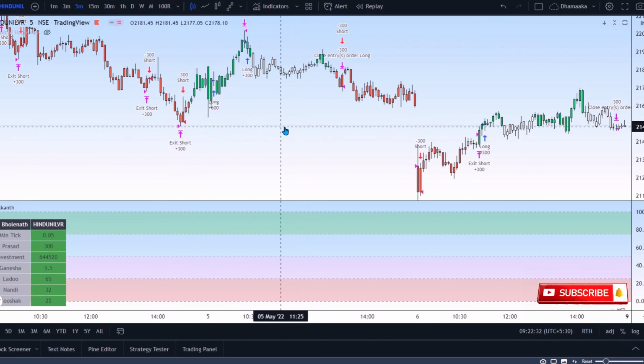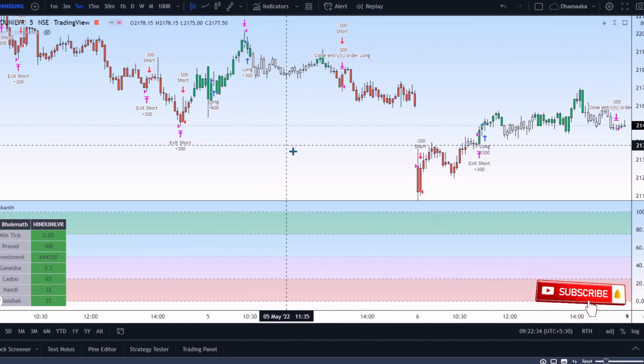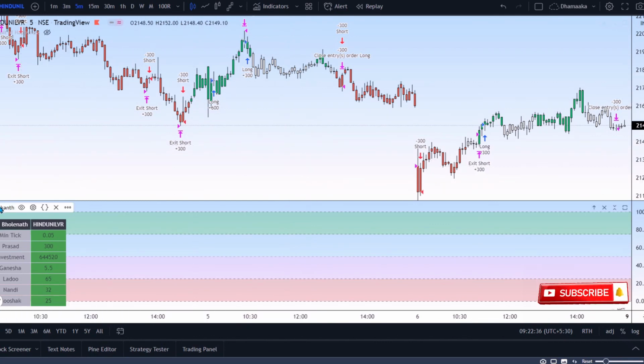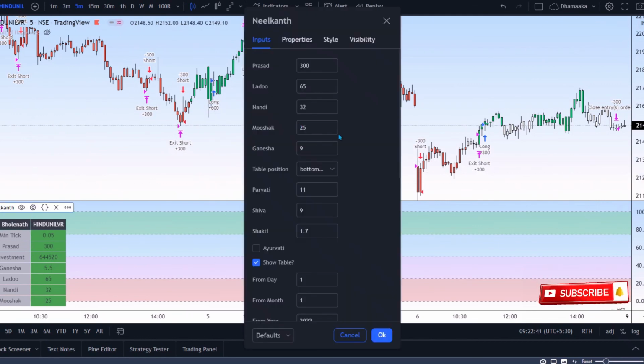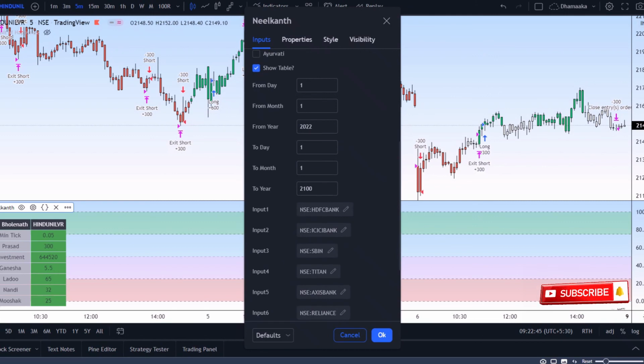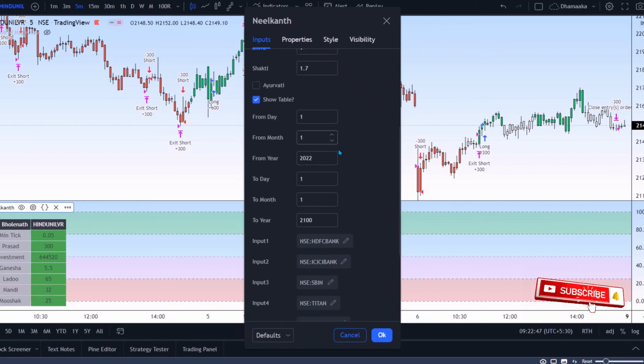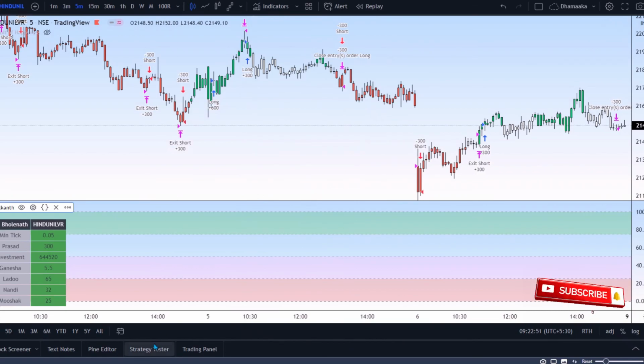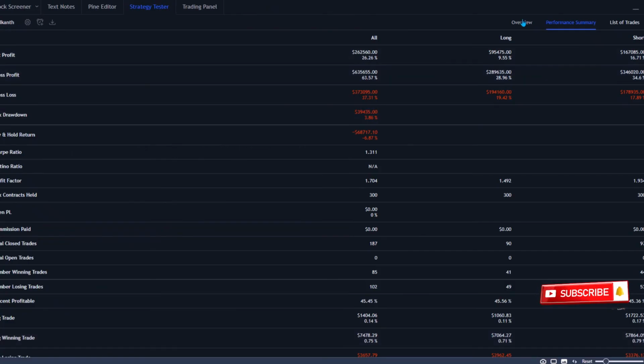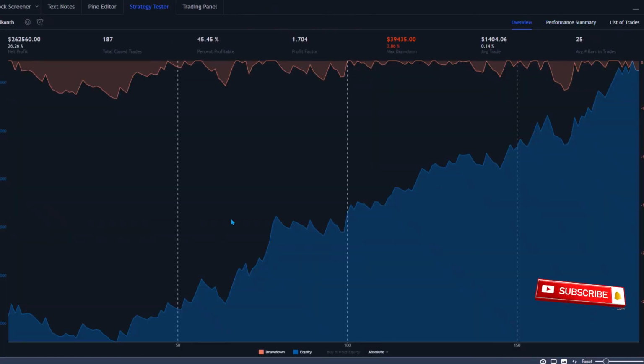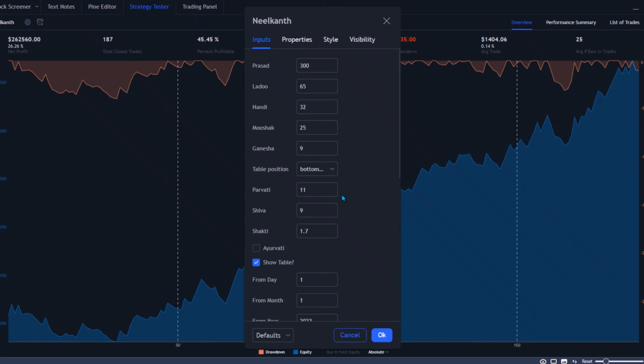Okay, so this was about the Neelkanth strategy, and this is all that I had. Down below, if you want to check only a particular month, for example, this backtest report is for 5 or 6 months of data. Now let's say you only want to test starting April, this financial year only.